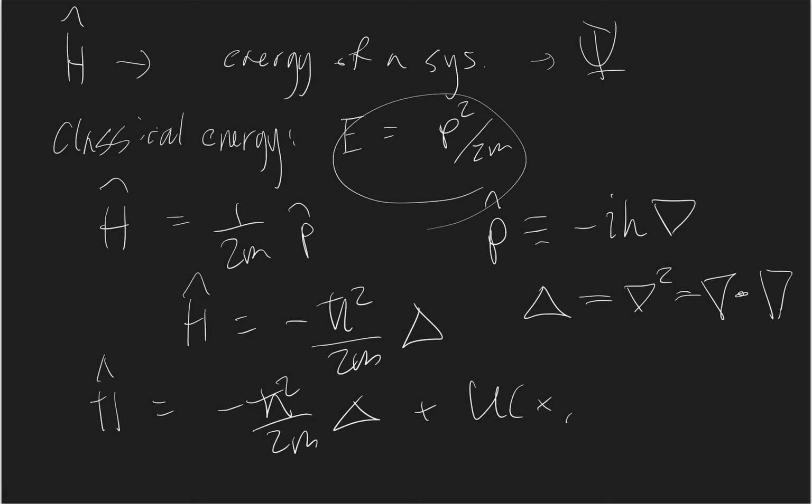But we can also have some U as well if we're dealing in 3 dimensions, x, y, z, or r, theta, phi, whatever coordinate system you want to use. It'll look a little bit different for each form, but same stuff. So the first term here, we're going to call the kinetic energy operator, okay? And this is the potential energy operator, which is just the potential energy.